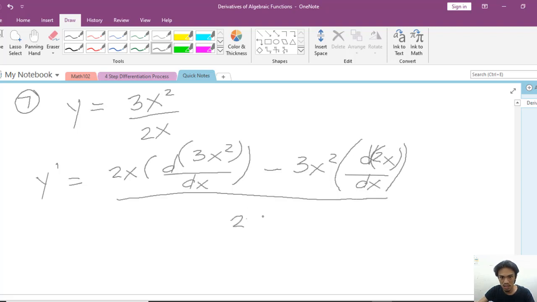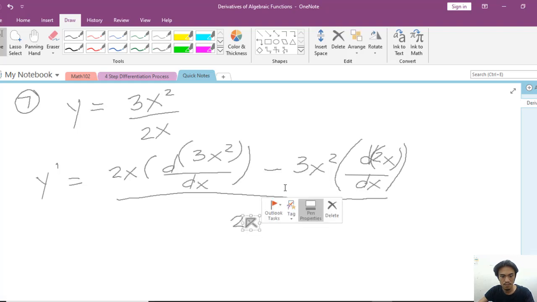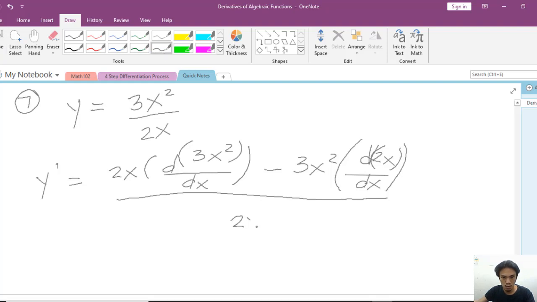Copy the denominator, and that should be raised to 2. The whole denominator should be raised to 2. This is equal to 2x.